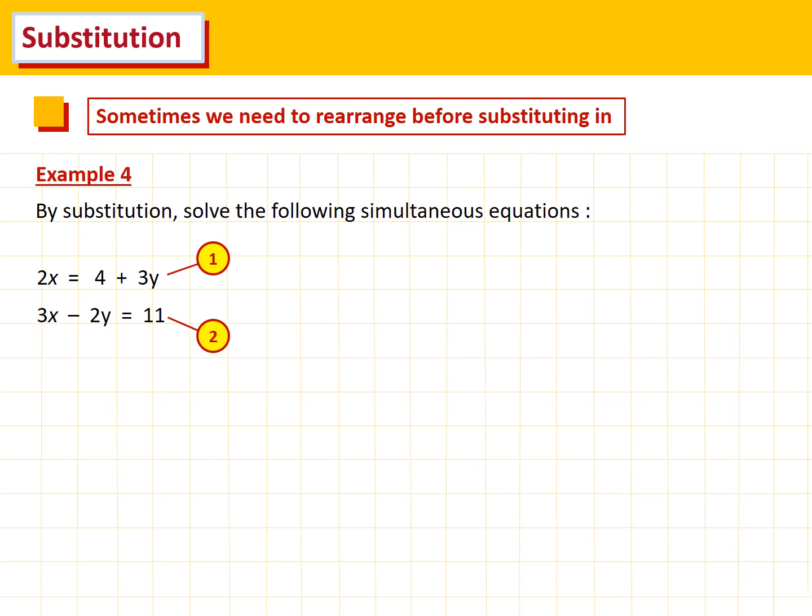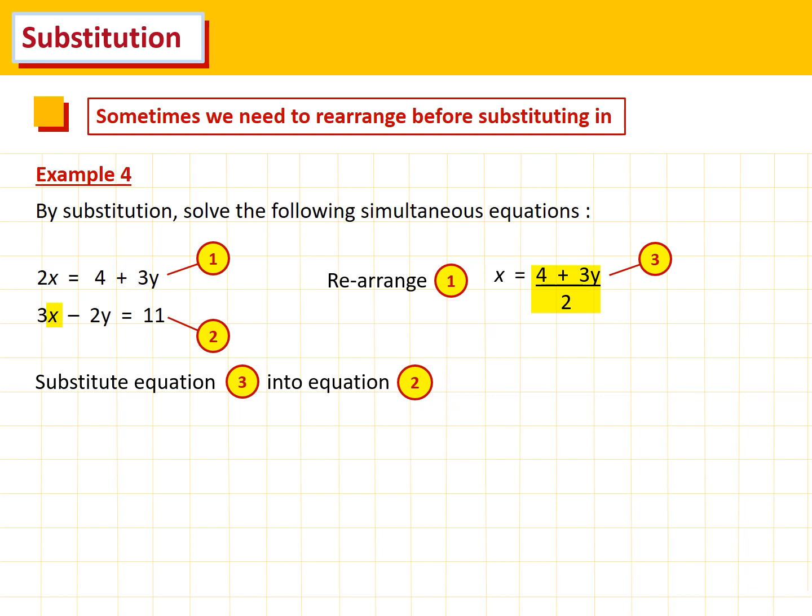I'm going to take equation 1 and rearrange it, and I'm going to divide both sides by 2, so it gives me x equals 4 plus 3y all divided by 2. I'm now going to take that expression for x and substitute it into equation 2. So the x in equation 2 is going to be replaced with 4 plus 3y divided by 2.